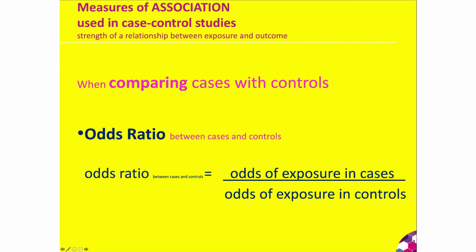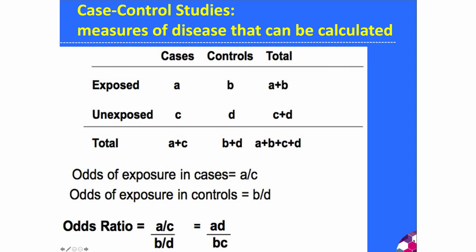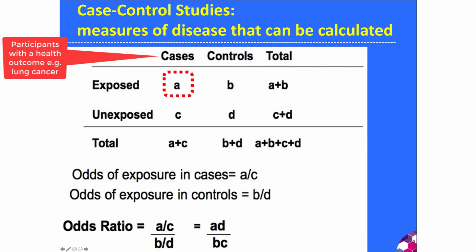And let's look at an example to give you a better understanding of this. So here is a 2x2 table. We have a group of cases and a group of controls, and they are exposed to something. Some of that group are not exposed. And so we have cases A who are exposed to the thing we're interested in, and we have a group of cases C who are not exposed.